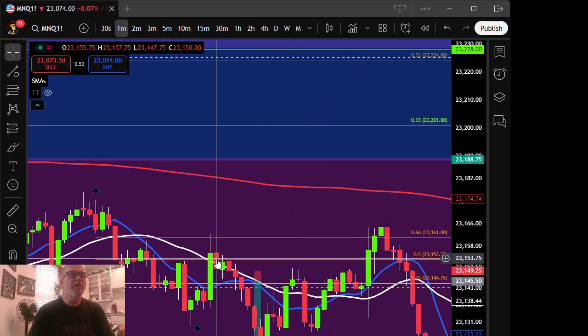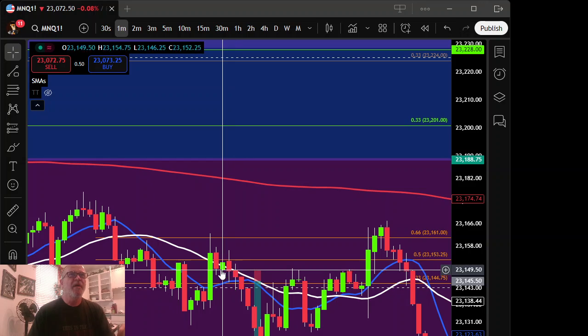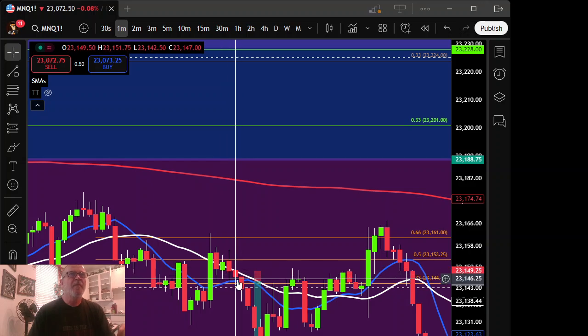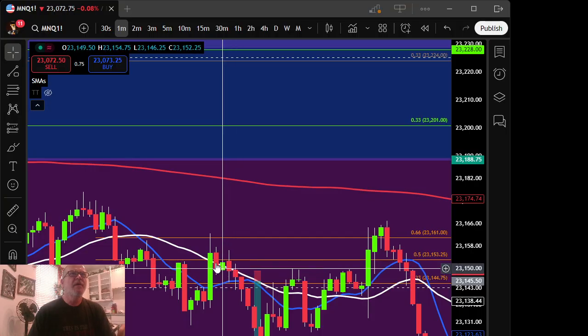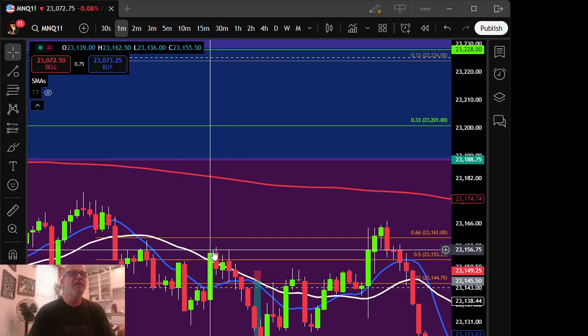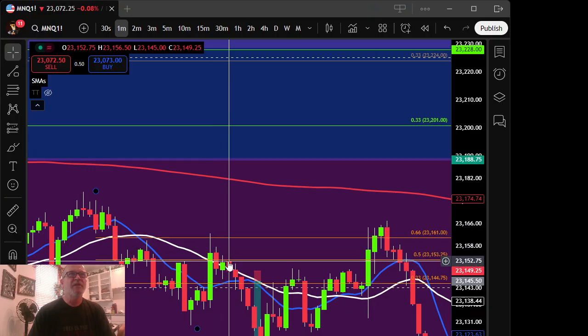So when we finally ended up closing below the 21 again, I started getting interested right in here, because we didn't close above the 66. And then the next two candles couldn't close above the 50.